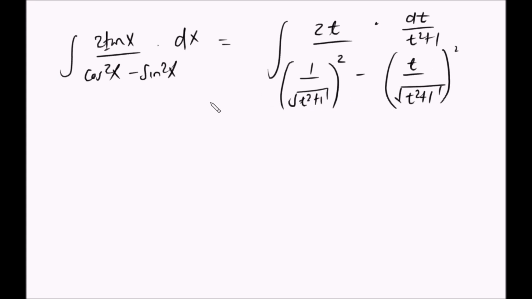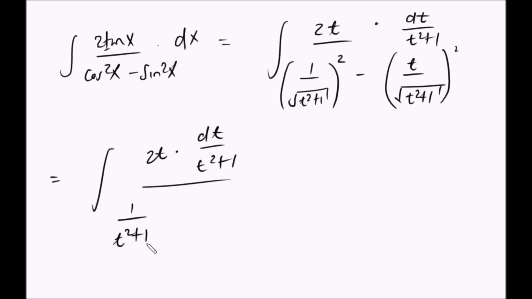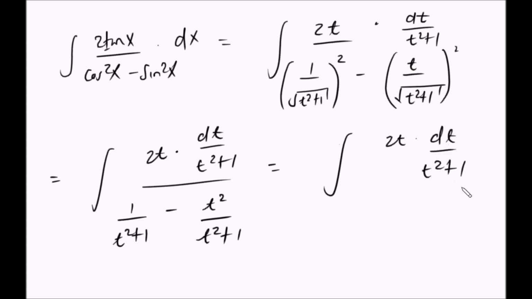Like that. So simplifying further, hapa tutakuwa tuna 2t times dt hapo over t squared plus 1 over, so nikisquare hapo chini nabaki na 1, hapa kuna t squared plus 1 minus, hapa nabaki na t squared over t squared plus 1. So hii itakuwa sasa na integral ya 2t times hiyo dt over t squared plus 1.